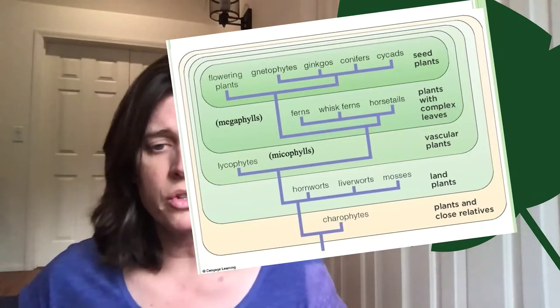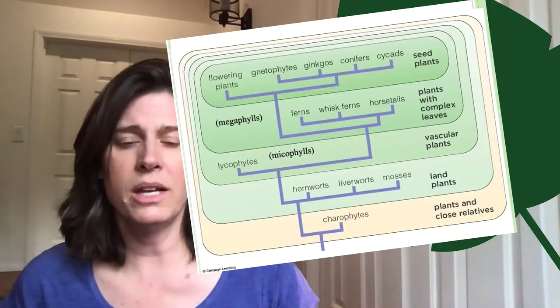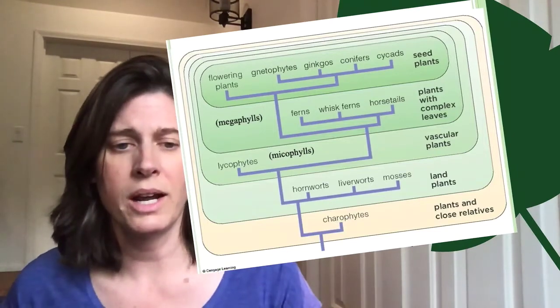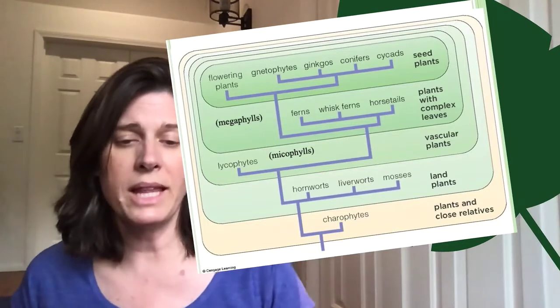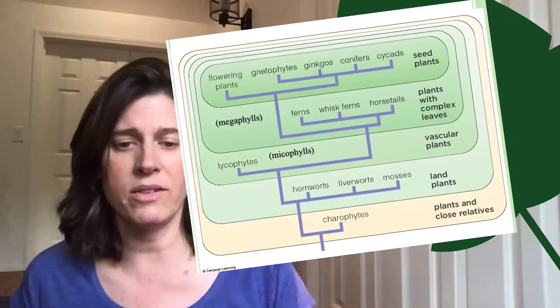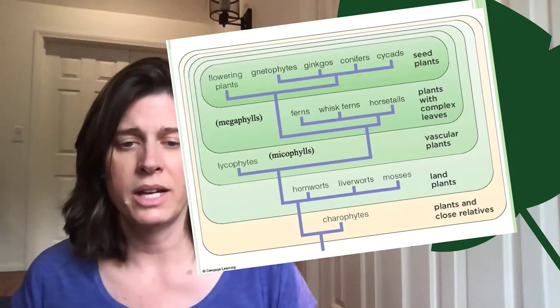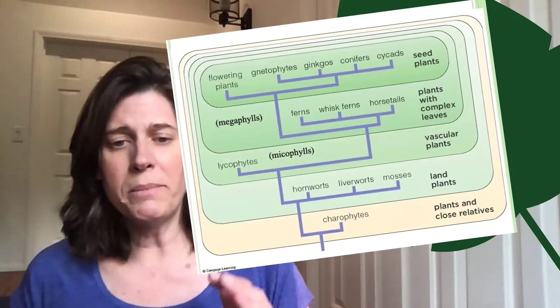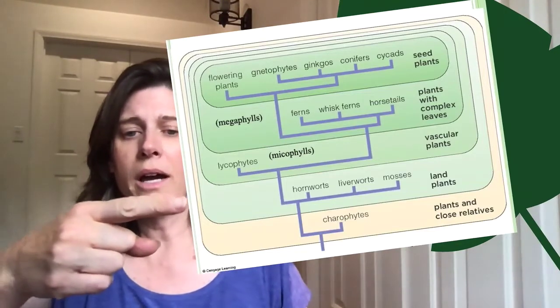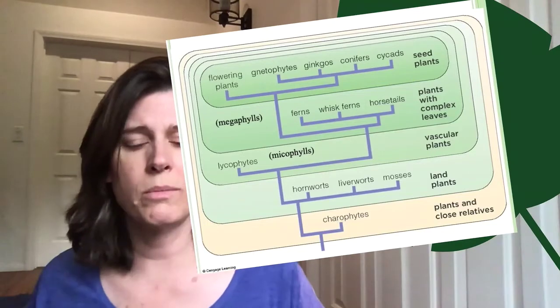So the largest circle encompasses all of the groups, all of the organisms within there. That means that once we label these with traits, all of those organisms share the traits within that yellowish color.